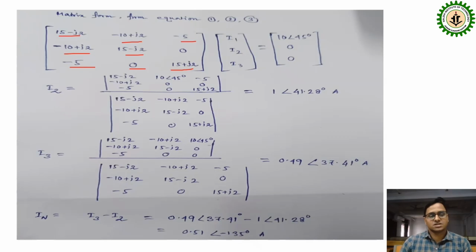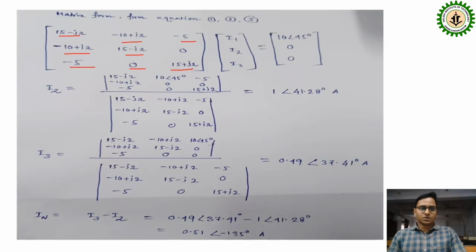So here we need to give all the coefficients of I1, I2, I3. For equation 2, the coefficients of I1, I2, I3. For equation 3, this is the coefficient of I1, this is the coefficient of I2, this is the coefficient of I3. And the right hand side part will be written on this side.